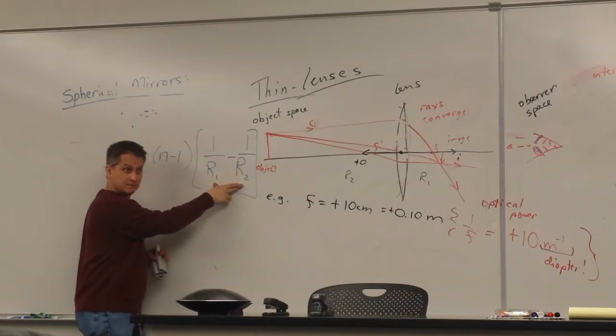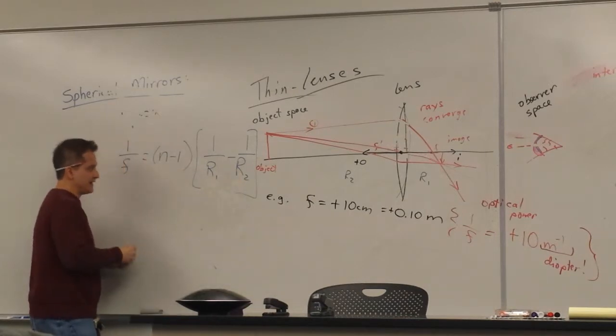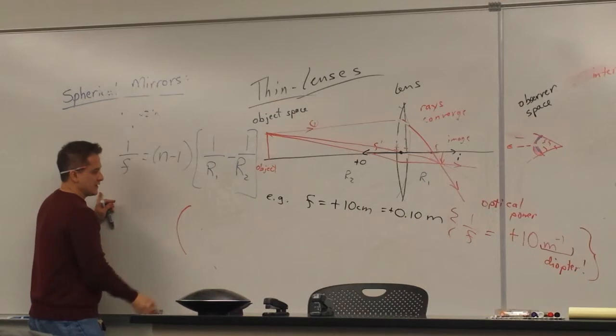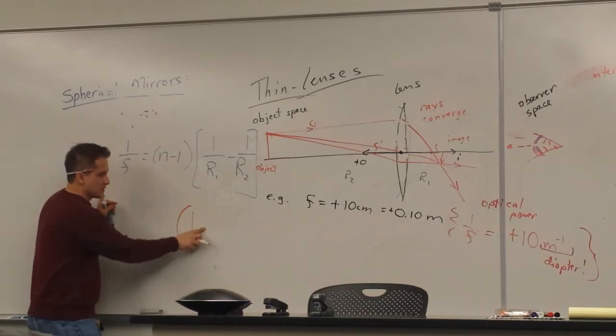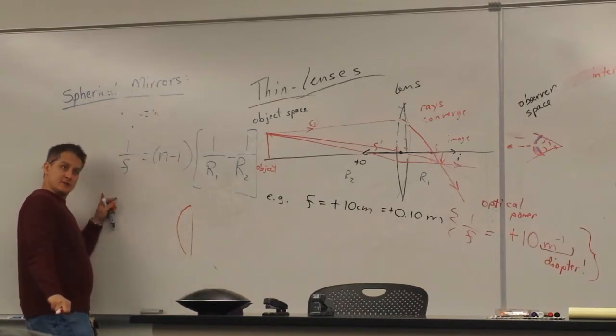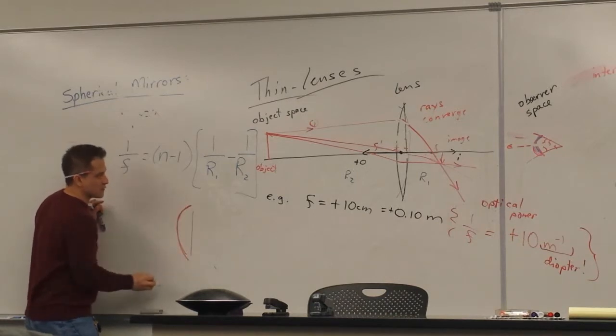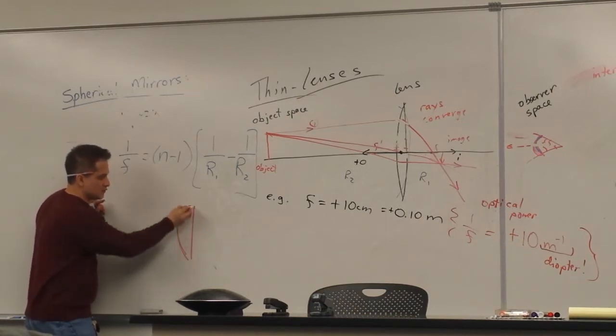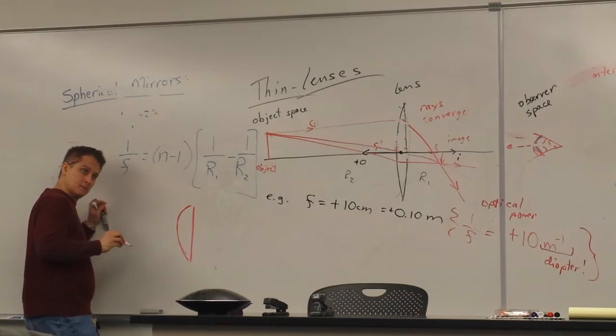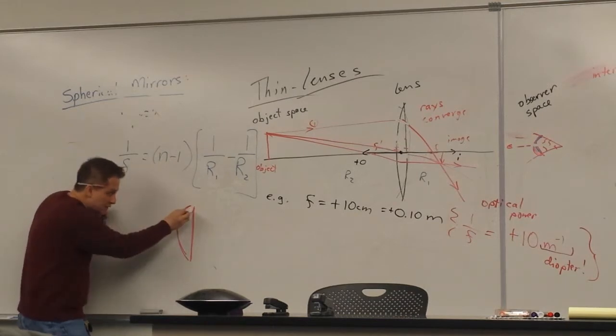And if you've got an outer surface that's steeper than an inner surface, you're going to have a plus lens. So that would imply this would be R2, and this would be R1.